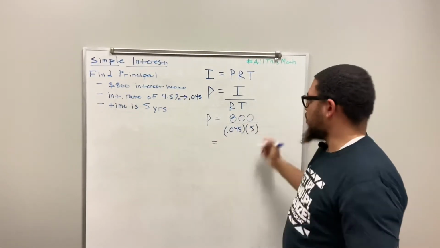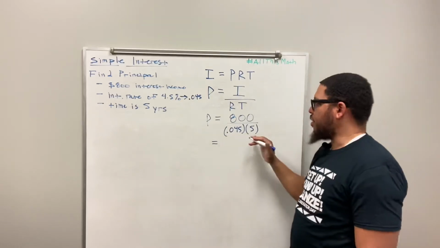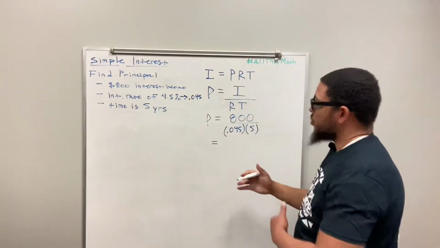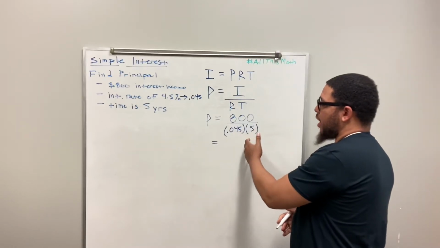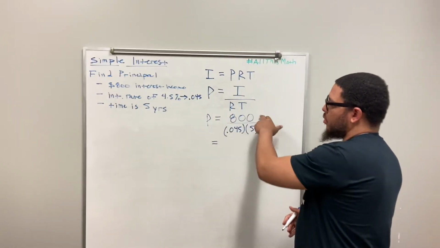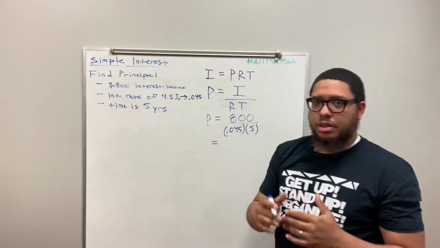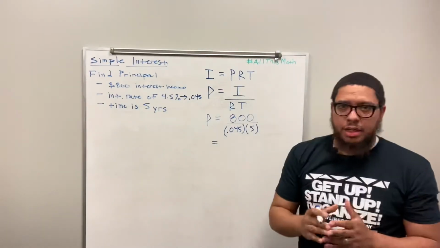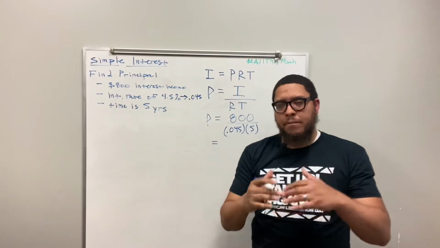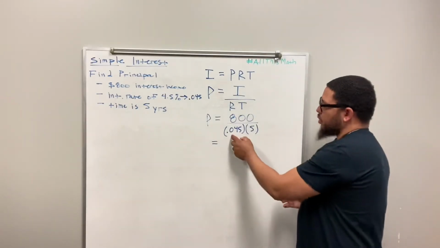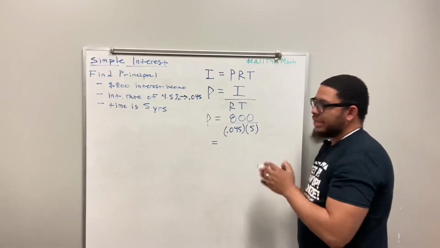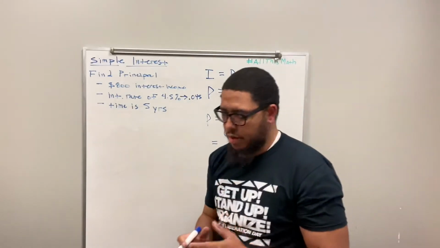You do 800 divided by 0.045 times 5. But make sure you do 0.045 times 5 first, or actually, if you type this in your calculator, I want you to do this. I want you to type in 800, then hit the division sign, and then if you have parentheses in your calculator, put 0.045 times 5 inside its own parentheses, right?